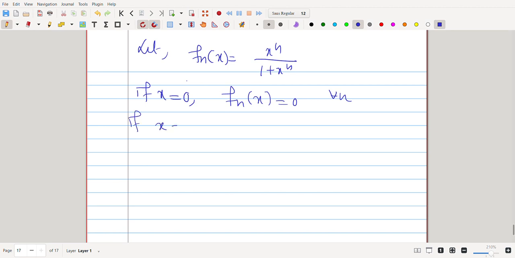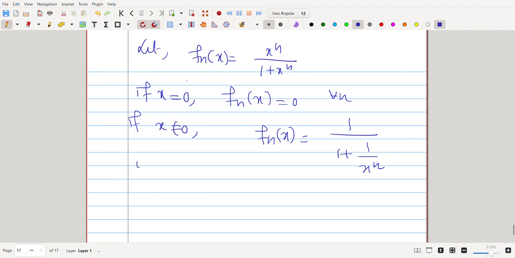If x not equal to 0, then f n x equal to 1 by 1 plus 1 by x to the n. Okay, so then what? X not equal to 0, then 1 by x to the n, right?